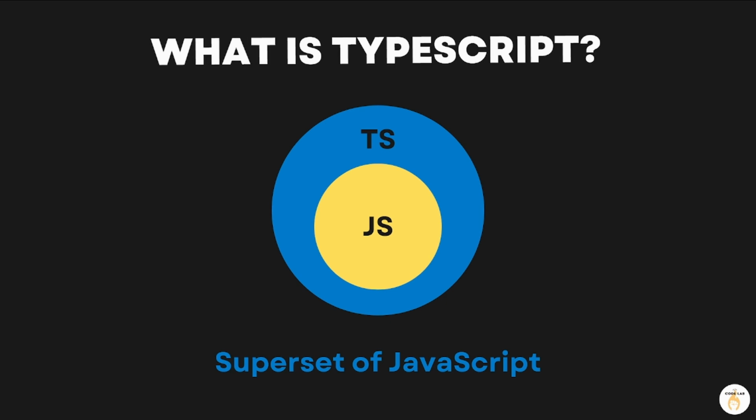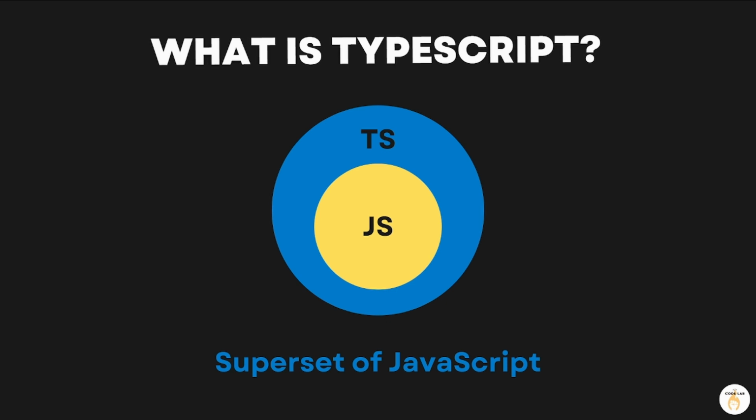So what does static type mean? We will understand when we are coding, but I'll give you a brief idea. Let's say you're coding in JavaScript. You must have declared variables, right? So how do you do it? You just say var a or let a or const a is equal to whatever value you want to provide to it.